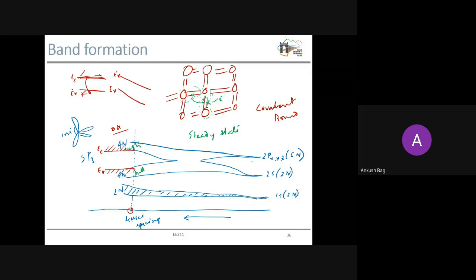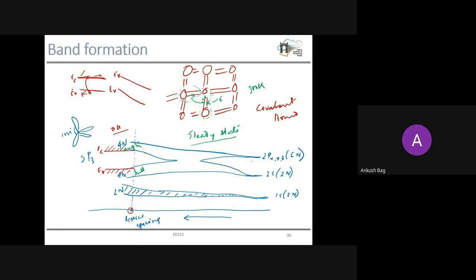So here, due to the thermal energy, let's say this crystal is at room temperature, 300 K. The electron-hole pair will get generated, but at the same time, due to the steady state condition, it will recombine. So the electron will fall into this empty space, that means the hole, and recombine. So generation and recombination will be the same in the steady state.